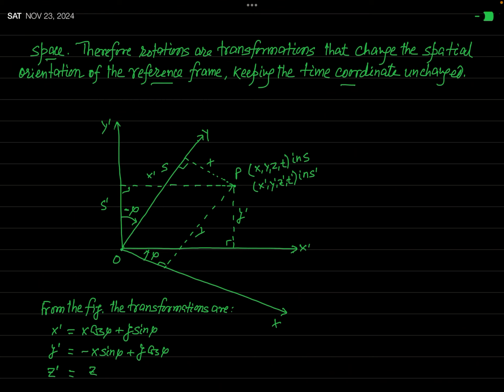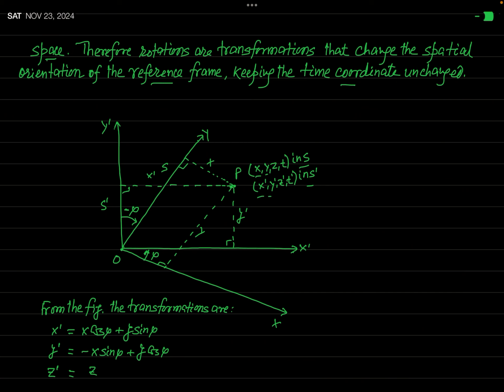But let us say P is a point whose coordinates are x, y, z, t in frame S and x prime, y prime, z prime, t prime in frame S prime. Then if the angle of rotation is phi, you can see from this figure that the x and y coordinates of point P in frame S are x and y, and the same coordinates in frame S dash are x prime, y prime.